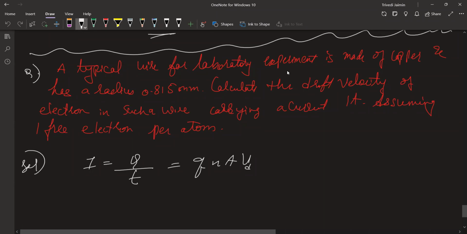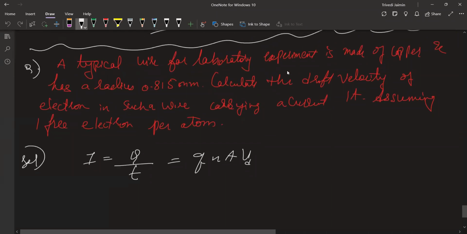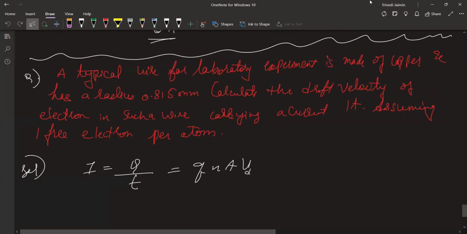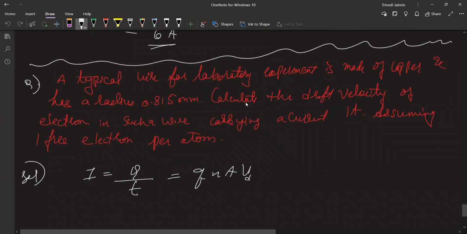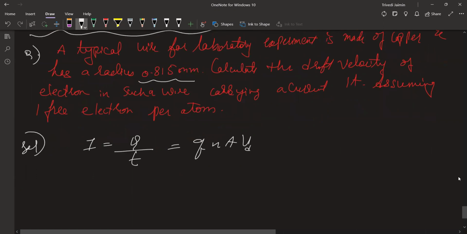Okay, let me solve this. 0.815. 1 electron per atom. Okay. That means, see, we need the density of copper.